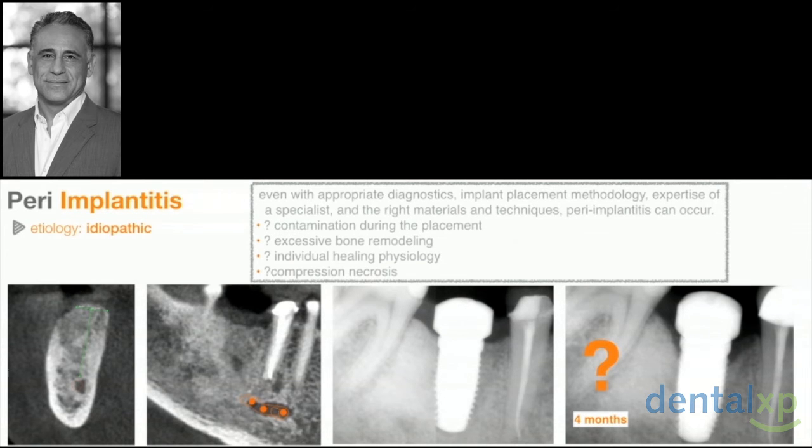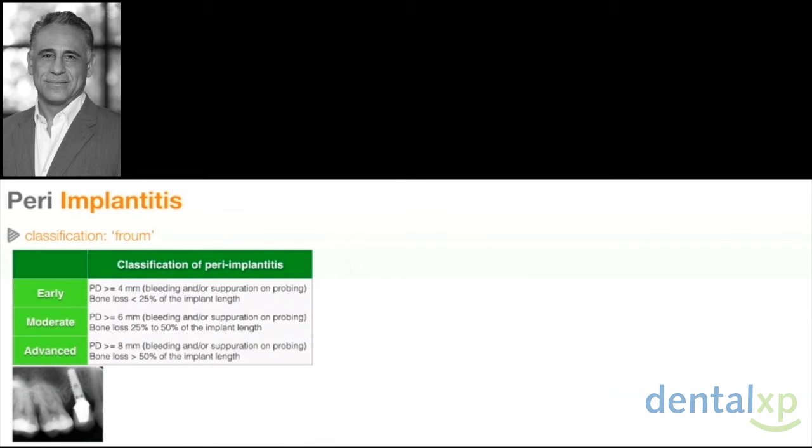When it comes to classification of peri-implantitis, Froum had proposed a classification describing early, moderate, and advanced, basically categorizing it based on the amount of bone loss: 4 millimeters for early, 6 or greater in moderate, and greater than 8 millimeters in advanced bone loss.